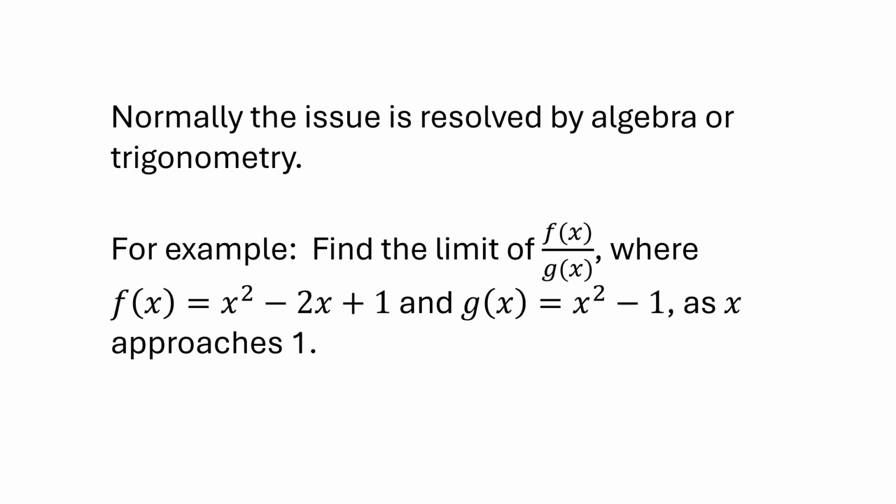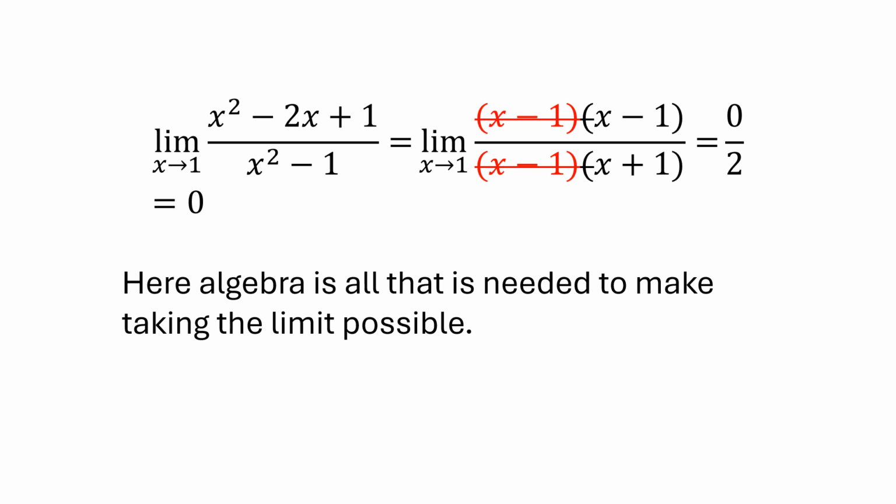As a simple example, find the limit of f of x over g of x, where f of x is x squared minus 2x plus 1, and g of x is x squared minus 1, as x approaches 1. Well, if we plug 1 in, we end up with 1 minus 2 plus 1, that's 0, over 1 minus 1, that's 0.